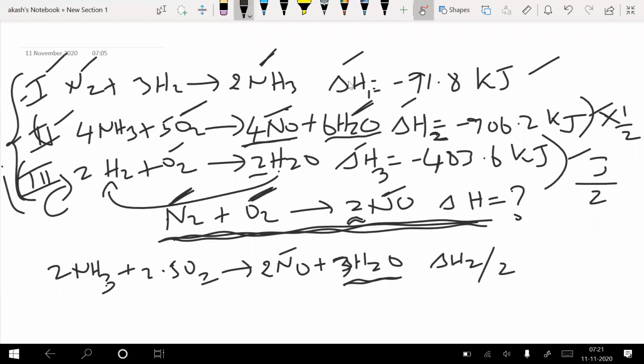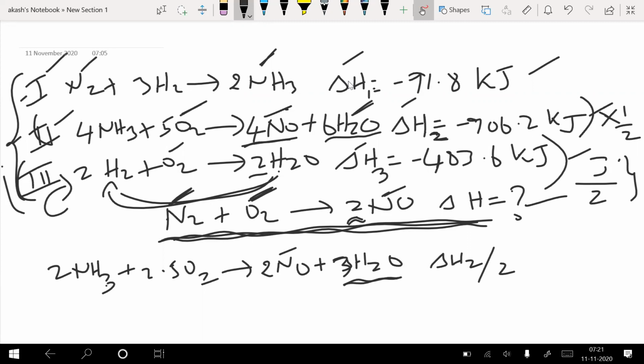So first you will reverse the reaction, and also you need 3 H2O, so you'll multiply the third equation after reversing by 3 by 2. That's it. Now if you add all these three, that is 1, and 2 multiplied by 1 by 2, and 3 reversed and multiplied by 3 by 2, you are going to get this equation. You can just blindly trust it.